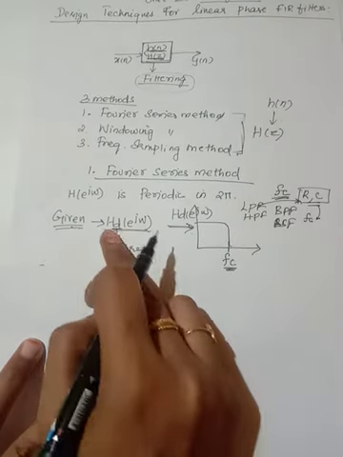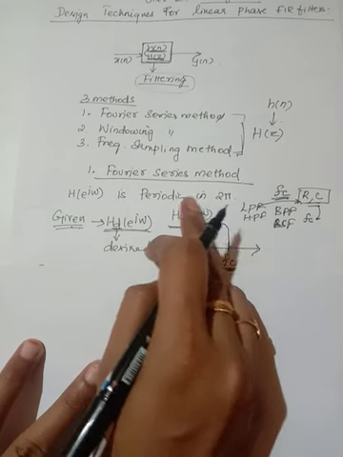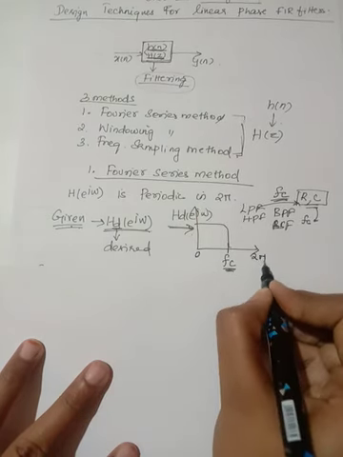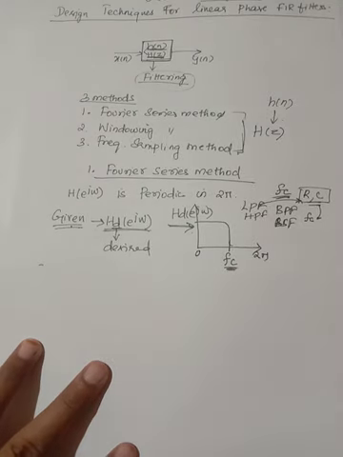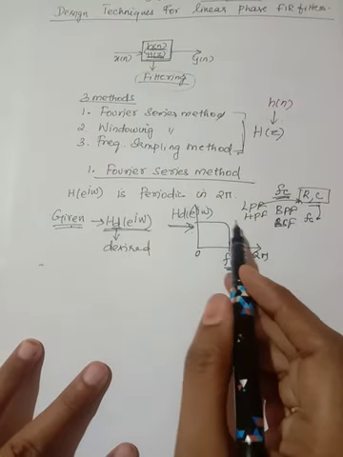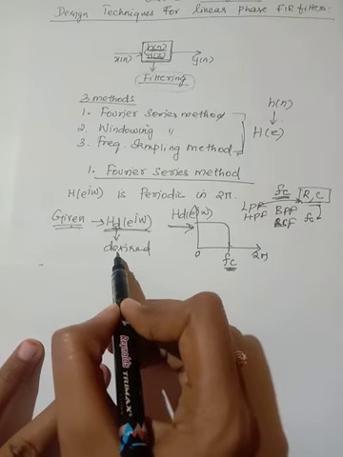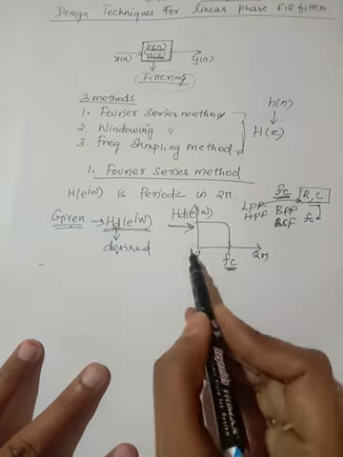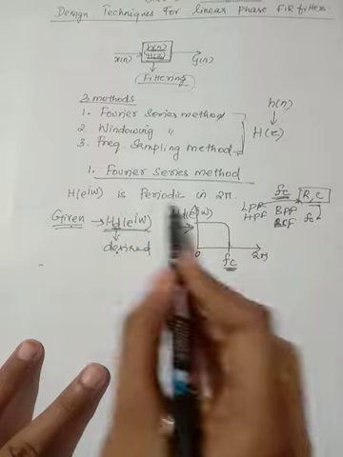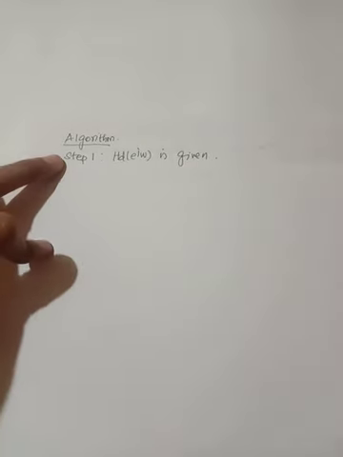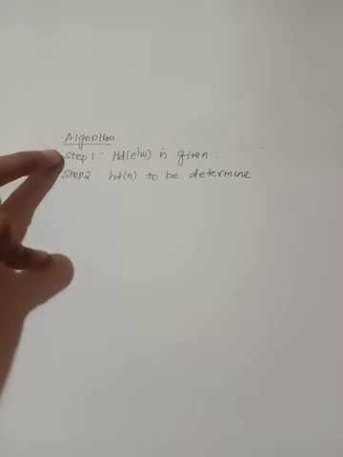This Hd of e power j omega is periodic in 2 pi, so here the maximum value is 0 to 2 pi. This d in Hd represents desired frequency. The first step: they will give the Hd of e power j omega.